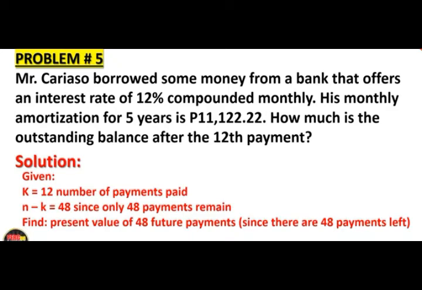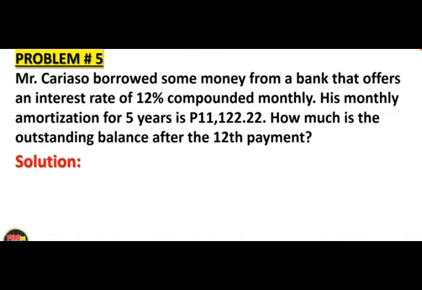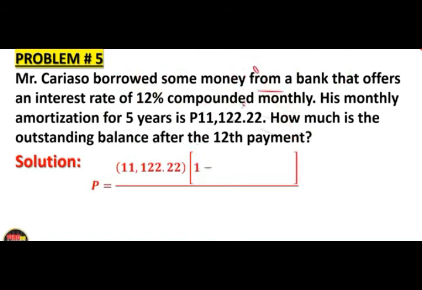Now we will solve the present value of 48 future payments. Again, in this problem, we will use the formula for annuity. So again, using the formula for annuity, P equals 11,122.22 times 1 minus (1 plus 0.12 over 12) raised to the negative 48, over 0.12 over 12.